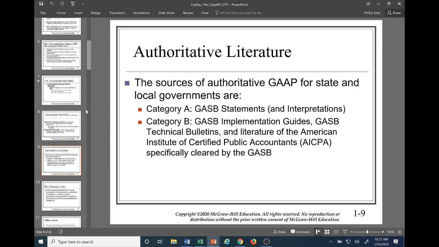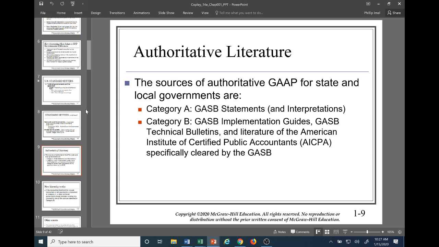Okay, authoritative literature. The sources of authoritative GAAP for state and local governments. Have you ever got into the codifications or anything like that with the FASB codification? Have you heard of that? Okay, well that's where we're going to get into. The codification is the authoritative literature.